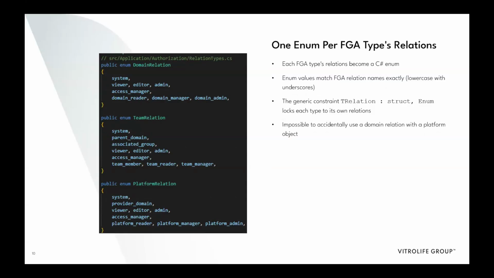Lots of .NET developers don't like this, but it actually works, and it felt like the simplest way to get started with it. So not a super advanced way of handling the relation types.